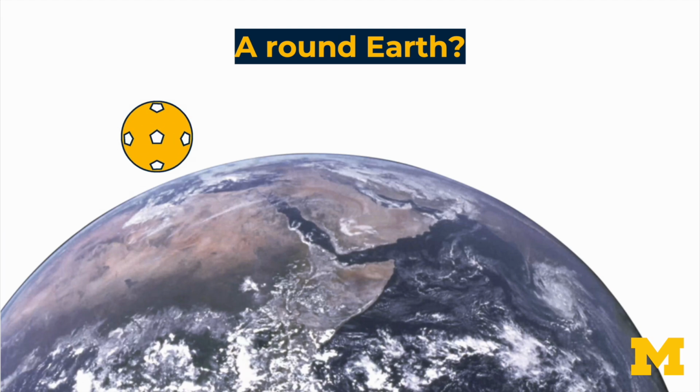And so you could think about the ball as going horizontally, and it's always falling towards the Earth, okay? But it never hits the Earth because the Earth is round. And so it moves horizontally and it's constantly falling towards the Earth, but it never actually hits the Earth. And that's the fundamental concept of an orbit.